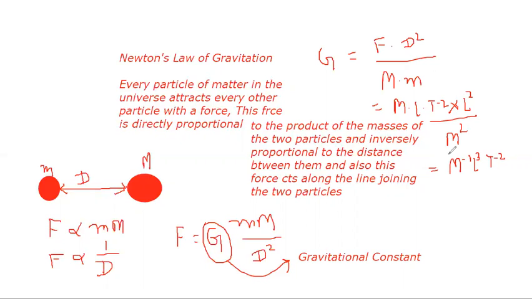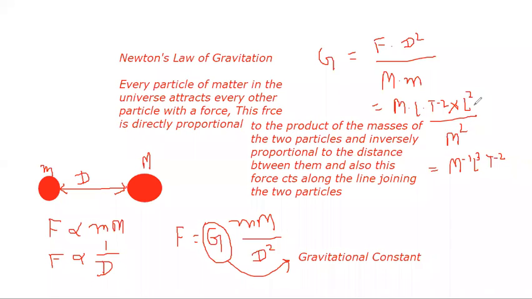So this is the dimension of the gravitational constant, and the unit you can find out as per kilogram meter cube per second square. My mistake, it is divided by m square.